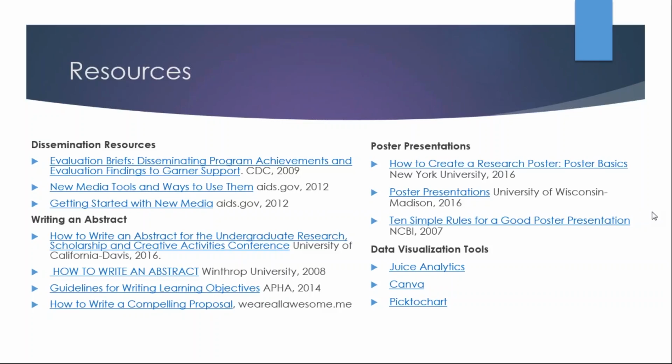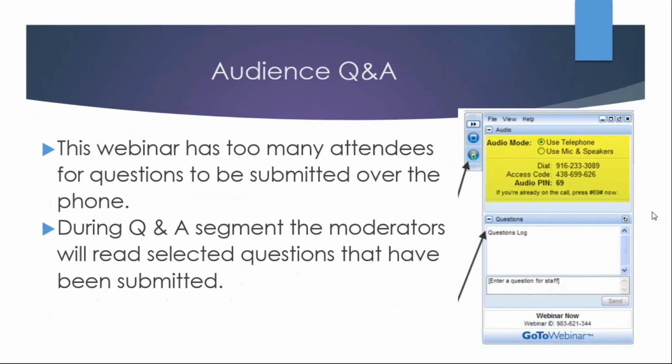And we'll go ahead and start with questions and answers. So please use the chat box. We don't have the capacity on this with everyone on here to open the phone line.